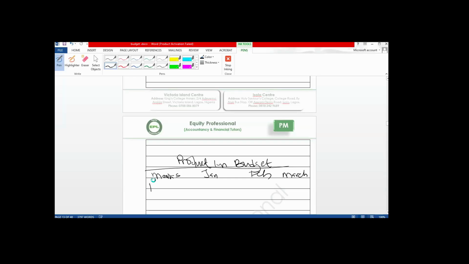You are going to start with your sales, plus your closing stock of finished goods, minus opening stock of finished goods.